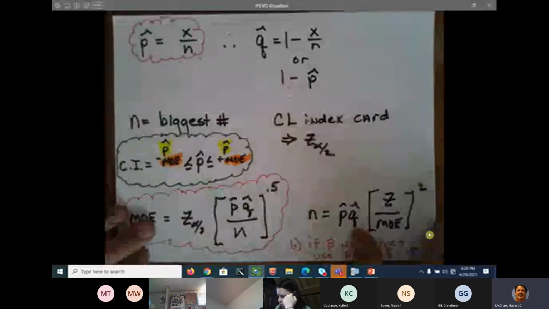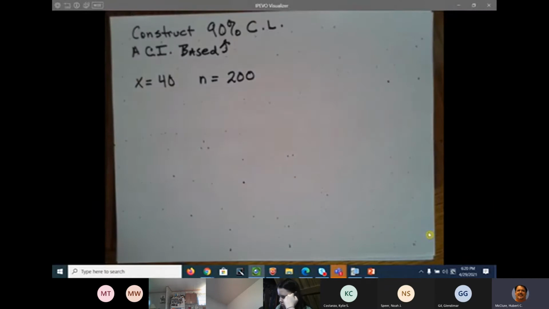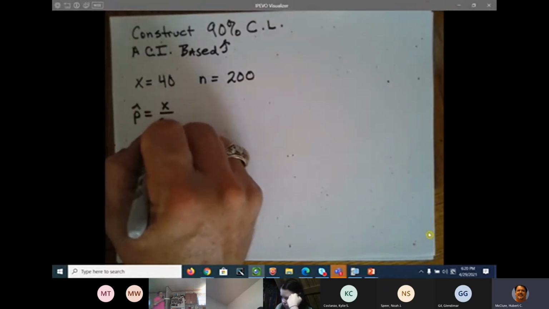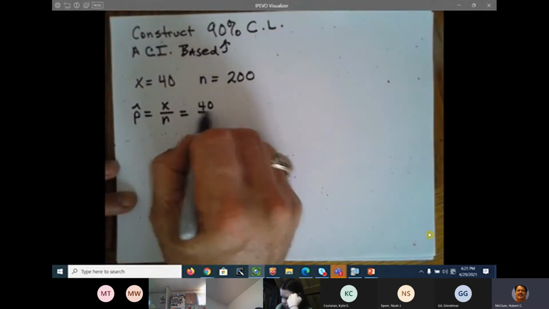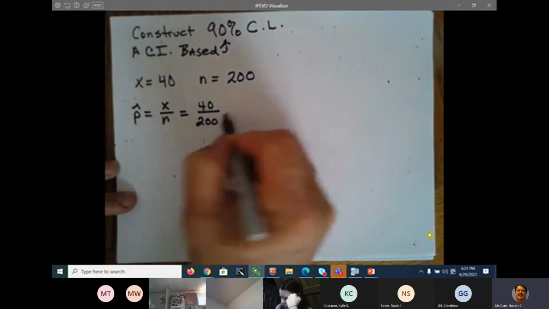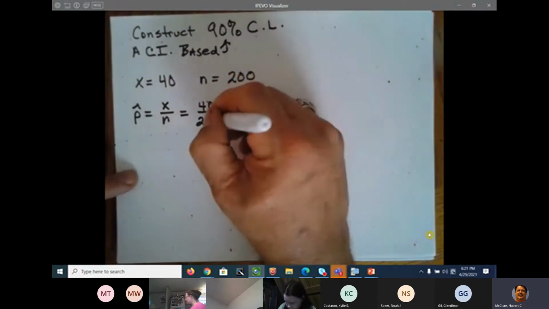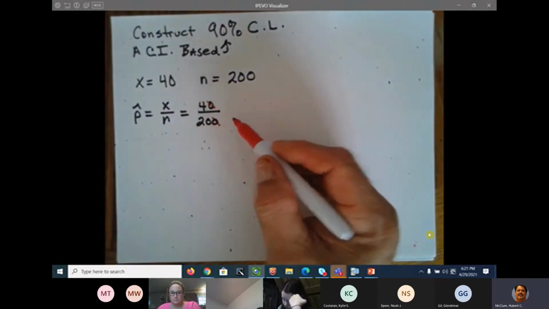Okay, so here we go. P hat is equal to X over N, which is equal to 40 over 200. Now I'm going to do it by hand because I don't want to use the calculator. 0.4 over 2 is the same thing as 0.2.